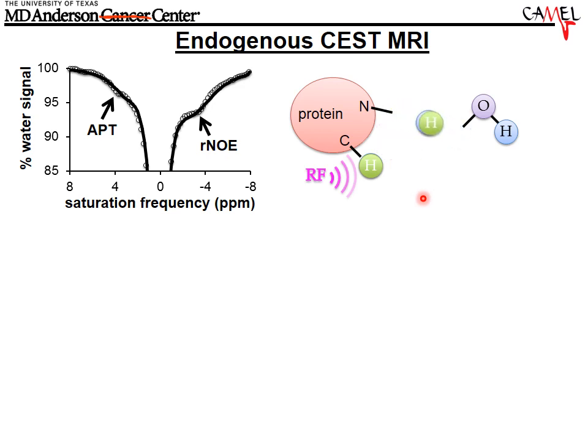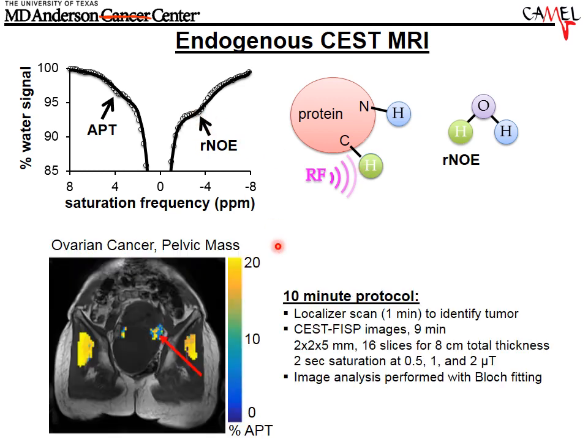And then through chemical exchange, that saturation can again be passed on to water. And we call this the relayed NOE effect. So you can see that at positive ppm values, particularly about 3.5 ppm relative to water, we can detect the amides. At about minus 3 ppm, we can detect the presence of the aliphatics through this relayed NOE effect.